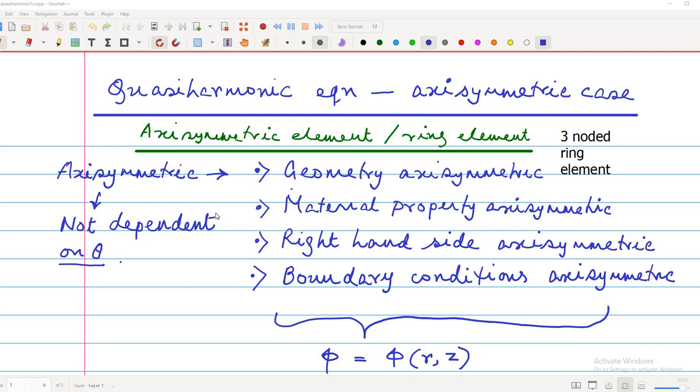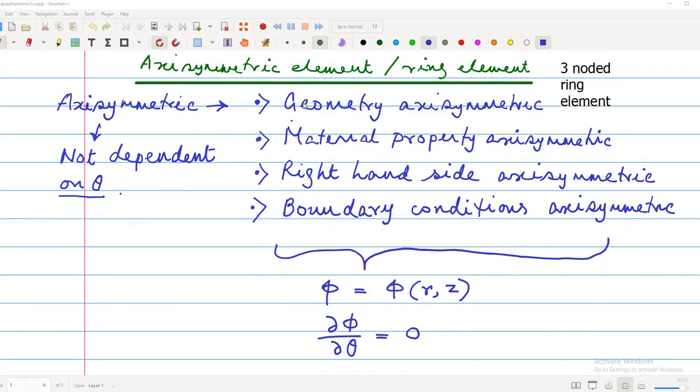So when can we consider a problem to be axisymmetric? These are the required conditions. The geometry has to be axisymmetric, the material property has to be axisymmetric, the right hand side, that means F, which we have seen in our quasi-harmonic equation in 2 dimension and 3 dimension, has to be axisymmetric, and the boundary conditions also have to be axisymmetric.